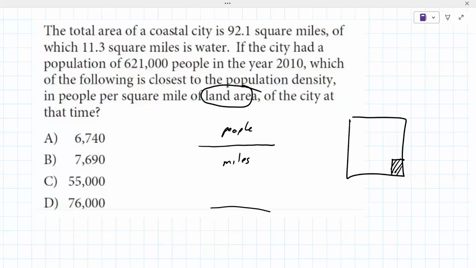So give me the number that goes on top, give me the number that goes on the bottom. Okay.